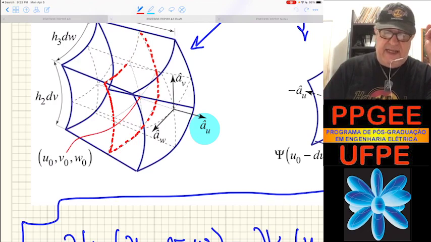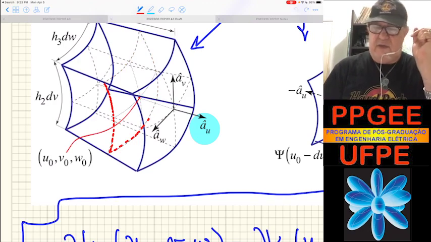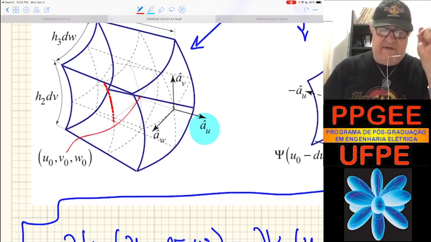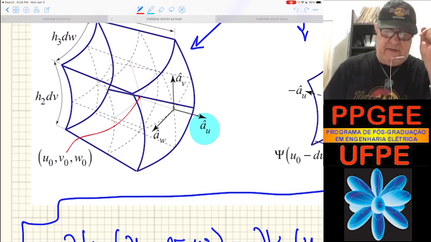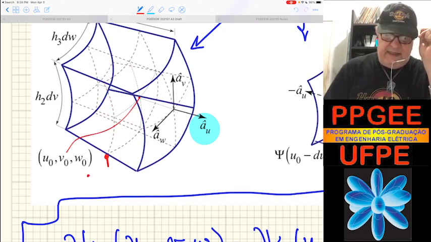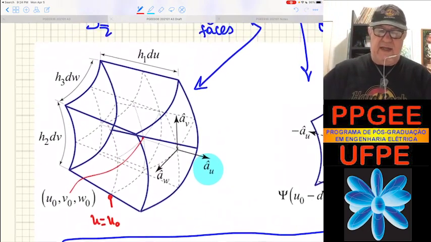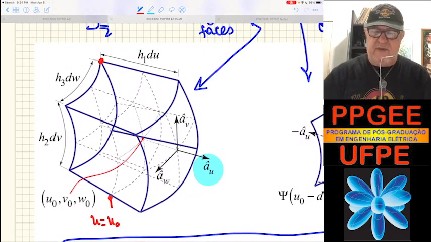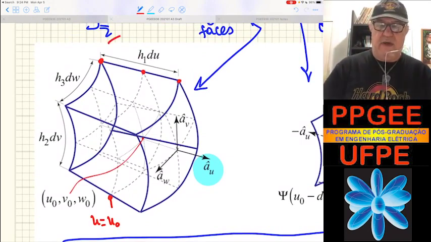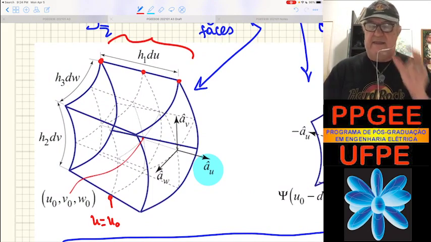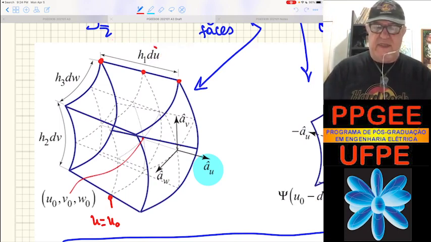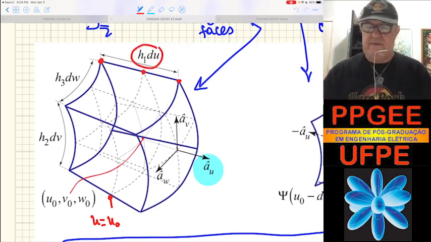Let me just say, let's talk only on the first coordinate, u. This intermediate surface, right here, is at u equal to u0. In going from the back to the front, passing through the middle here, I change the coordinate by du. So the length that we produce is h1 du.